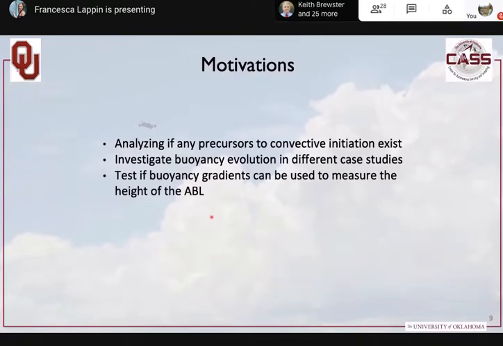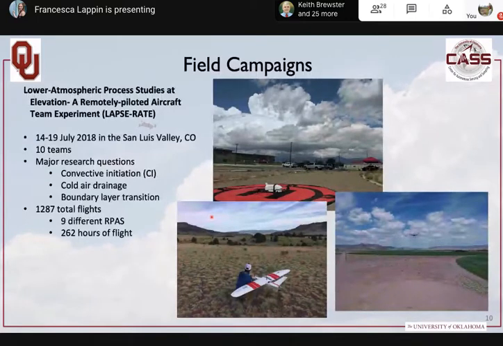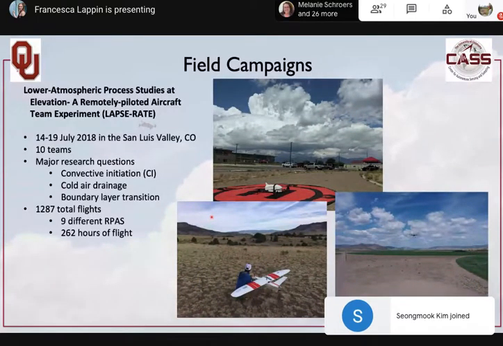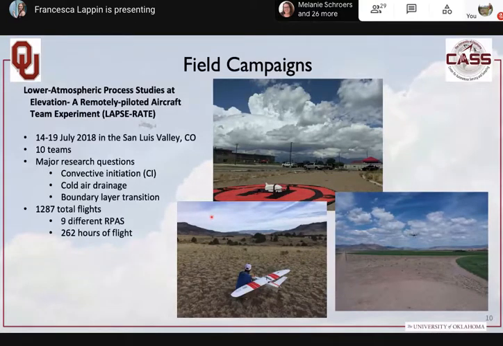This brings us to our first field campaign, which is LAPSE-RATE, which occurred in the San Luis Valley of Colorado. It was 5 days of 10 teams joining together to utilize RPAS to investigate three major questions: CI, cold air drainage, and boundary layer transitions.